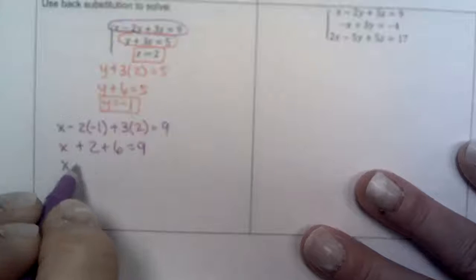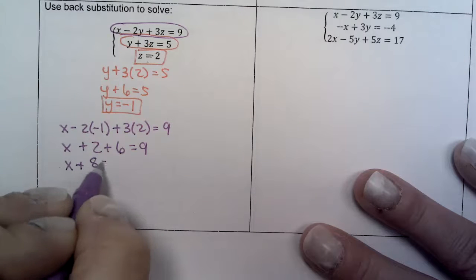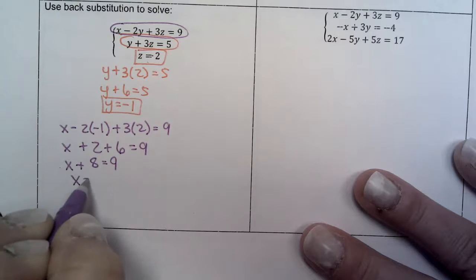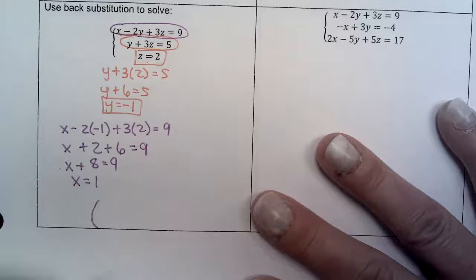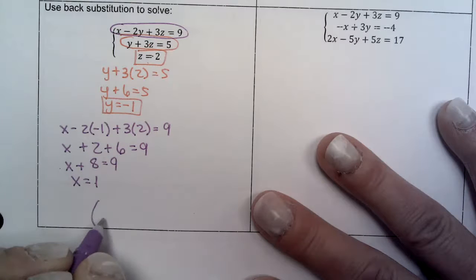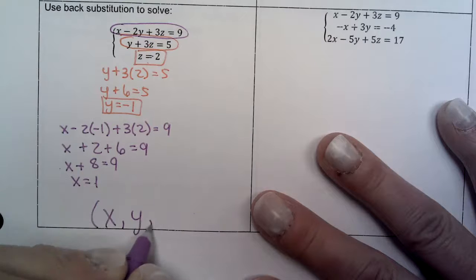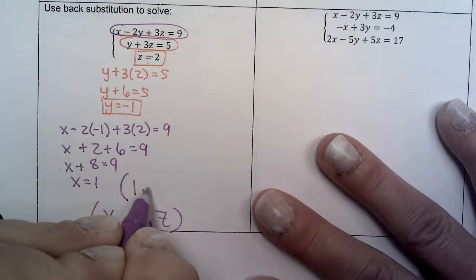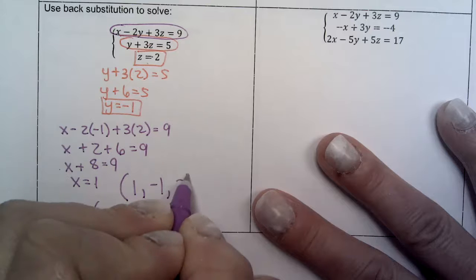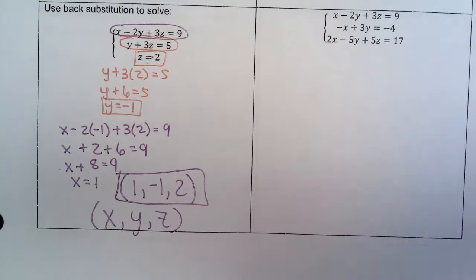Okay, so x plus 10 equals 9. So x is going to equal negative 1. So my answer here is going to be written as a coordinate, just like we've been doing. It always goes x, y, z. So that's going to be negative 1, negative 1, 2. So that is my answer.